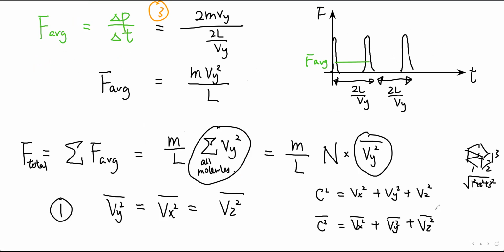Since they're equal, we can make it m times L times N times C squared average divided by 3. Each of them is 1/3 of C squared average.